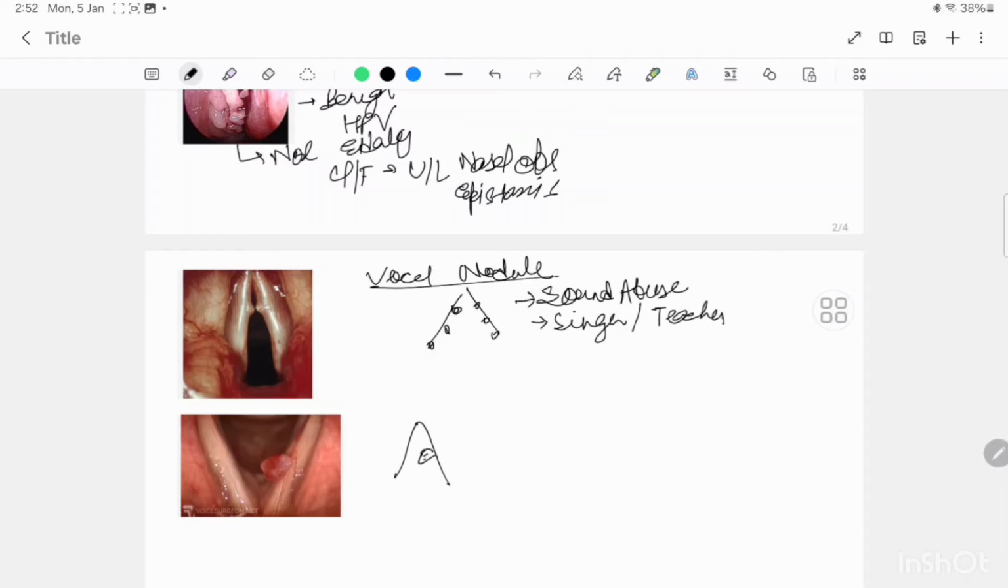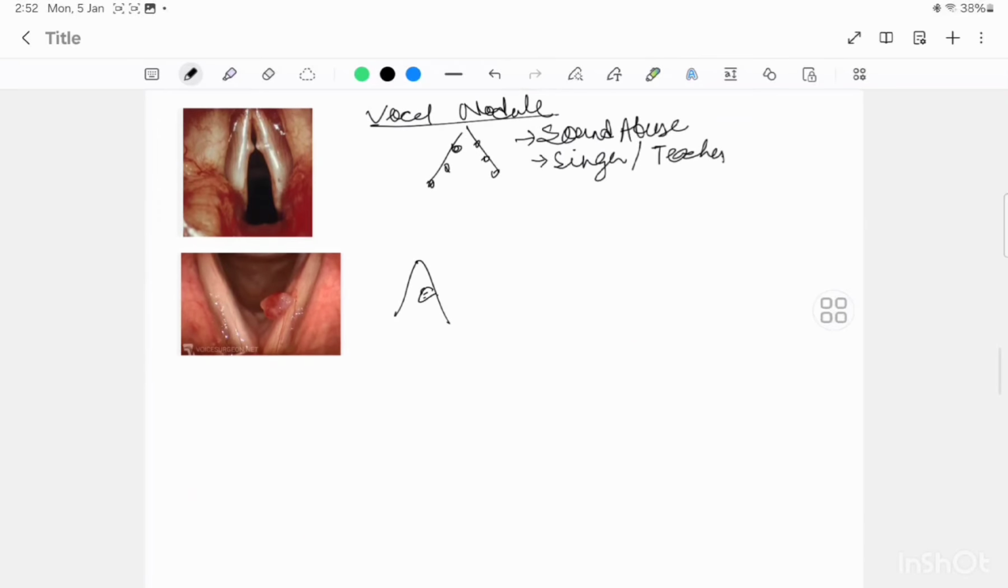And one more thing I wanted to tell about the larynx. There are 2 types, adult and infant larynx.